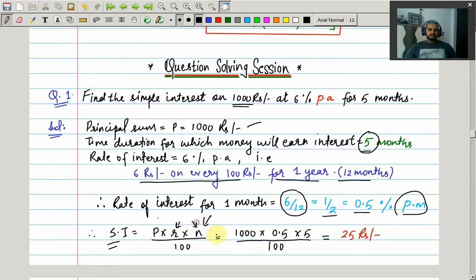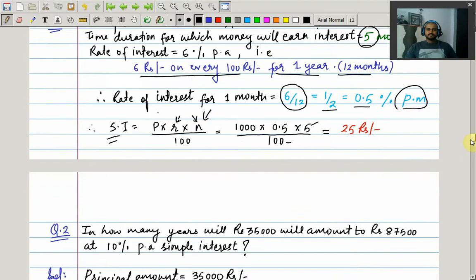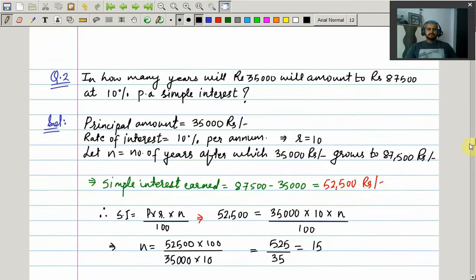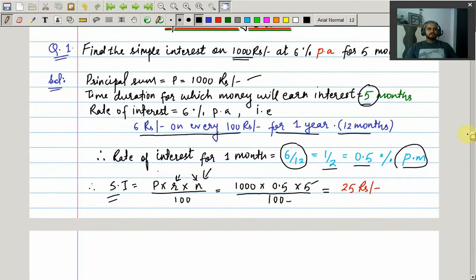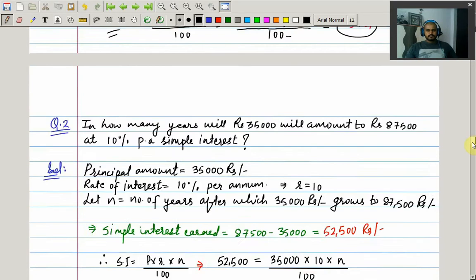N is 5, so 1,000 into 0.5 is the rate per month for 5 months, divided by 100, so it comes 25 rupees. The question was to find the simple interest, so the simple interest is 25 rupees. That's a very easy question on this topic.